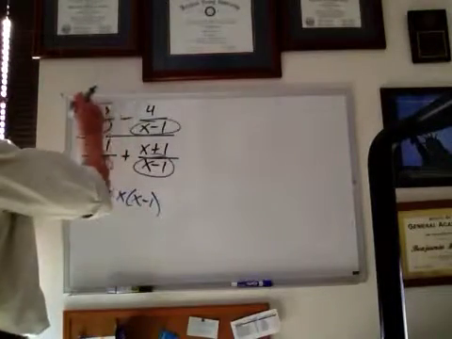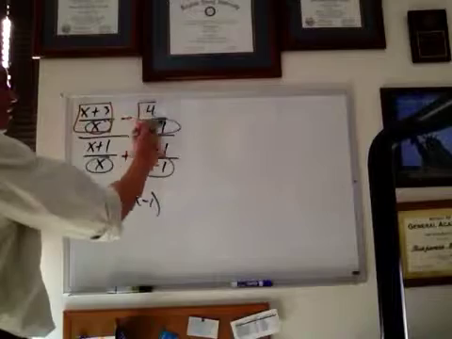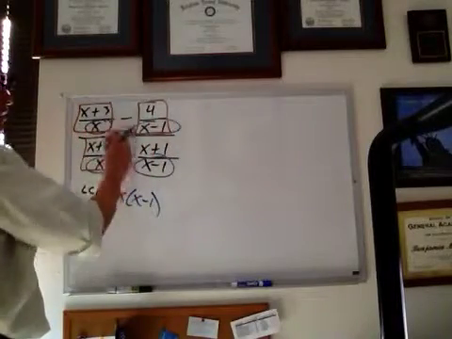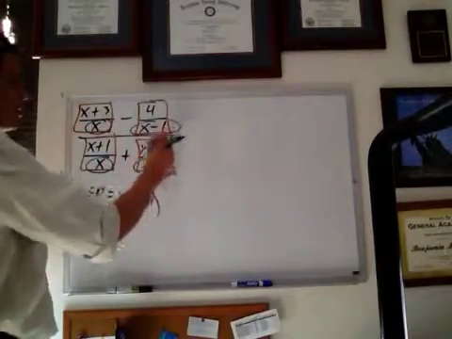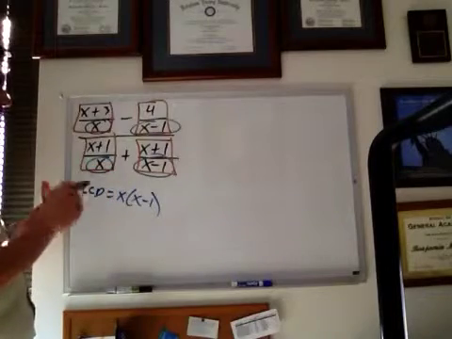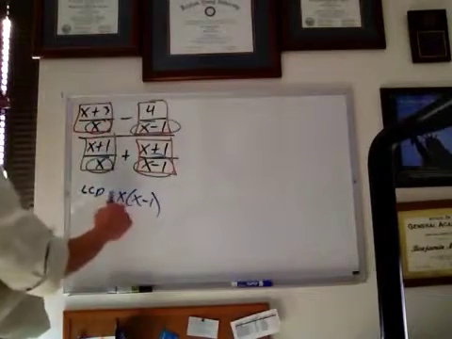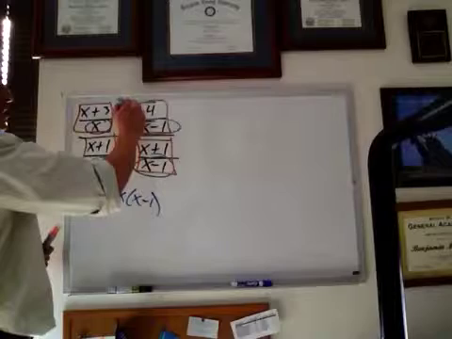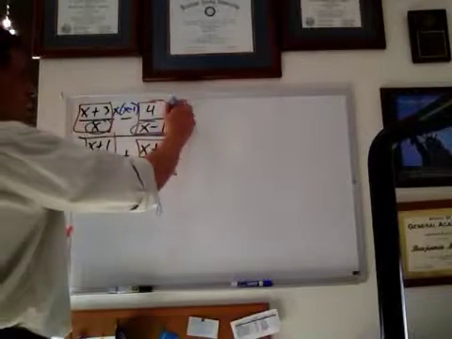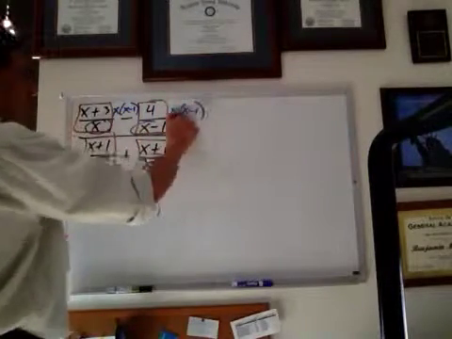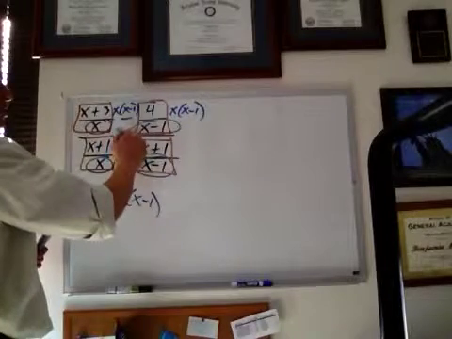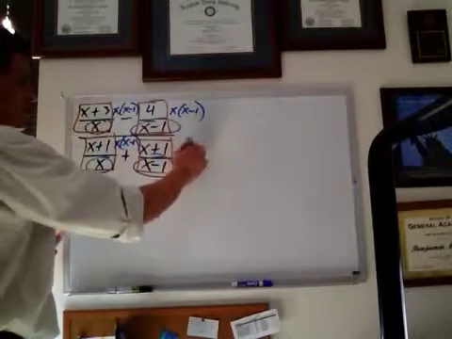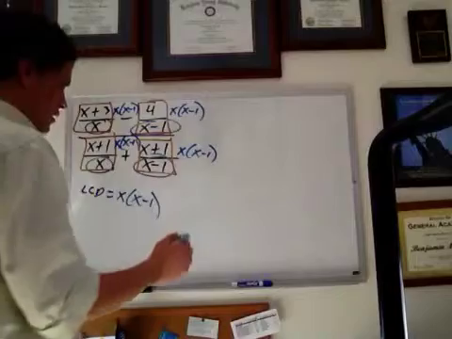So I've got a little fraction here, and here, and here, and here. So 4 of them. I'm going to multiply all 4 of those little fractions by that LCD. So x times x minus 1 here, x times x minus 1 here, x times x minus 1 here, x times x minus 1 here.